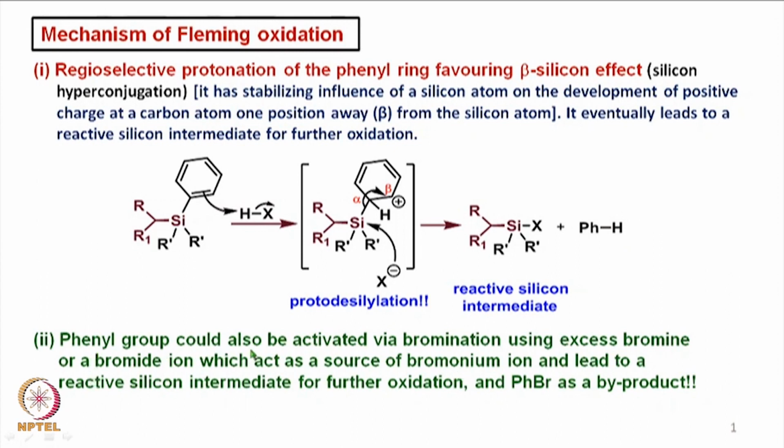That means a phenyl group could also be activated via bromination, using either excess bromine, which will of course give a source of Br plus as well as Br minus, or a bromide ion under oxidation conditions that leads to the formation of a bromonium ion, for the aromatic system to react with that electrophilic species. In the case of bromine, we of course get bromobenzene as a byproduct, and the same reactive silicon intermediate for further oxidation will form.